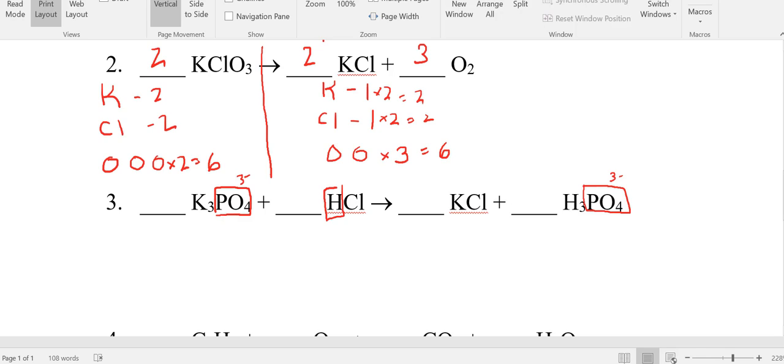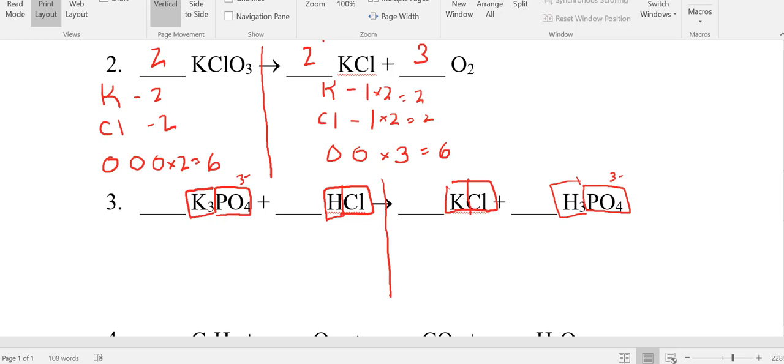So I have hydrogen here and chlorine. I have potassium here. So notice on this side of the arrow I have potassium, phosphate, hydrogen, and chlorine. Here I have phosphorus and chlorine, hydrogen, and phosphate.